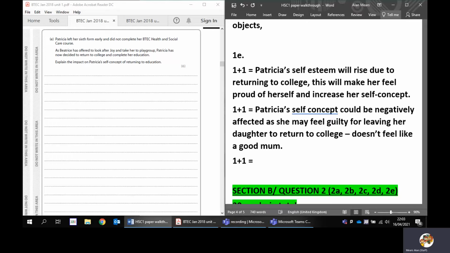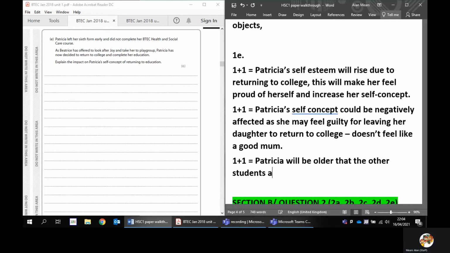And again, obviously Patricia left sixth form. She's gone on, had a child. She's now gone back to sixth form. So we can imagine Patricia is probably going to be older. So Patricia will be older than the other students and may feel out of place.